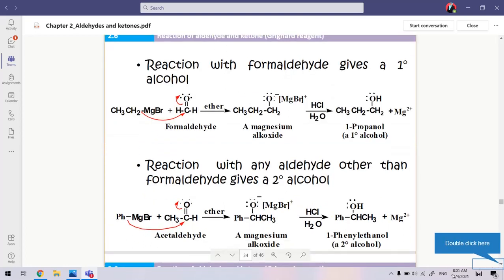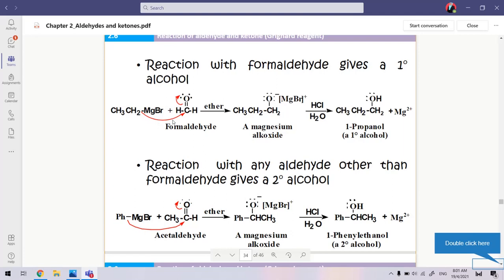And this is the reaction of aldehyde and ketone with a Grignard reagent. This Grignard reagent, this bond, okay, here we'll attach to here, 2 electrons go here. Okay, so it will be CH3, CH2, CH2.